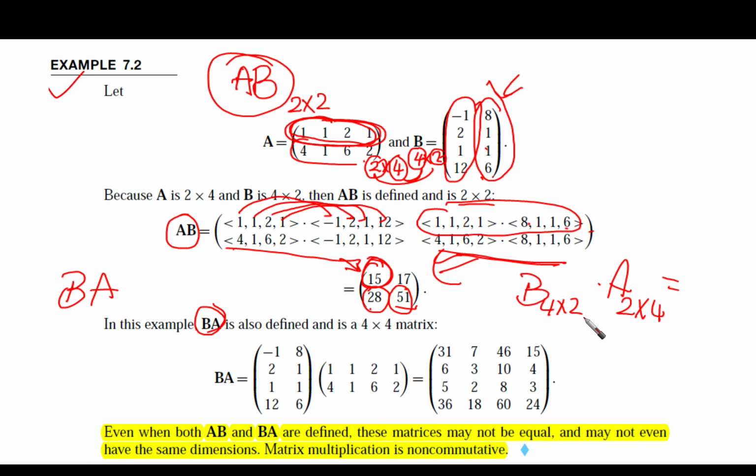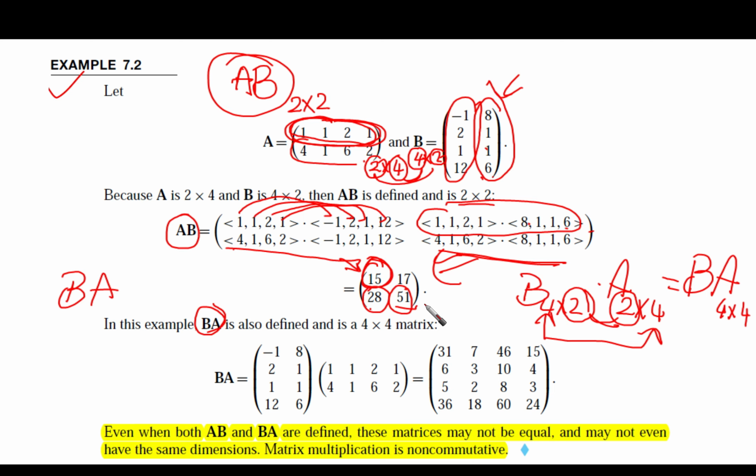In this case, we have the number of columns in B equal to the number of rows in A. So they are equal. This means that our BA is defined and it is going to be a 4 by 4 matrix. 4 by 4 matrix, right?